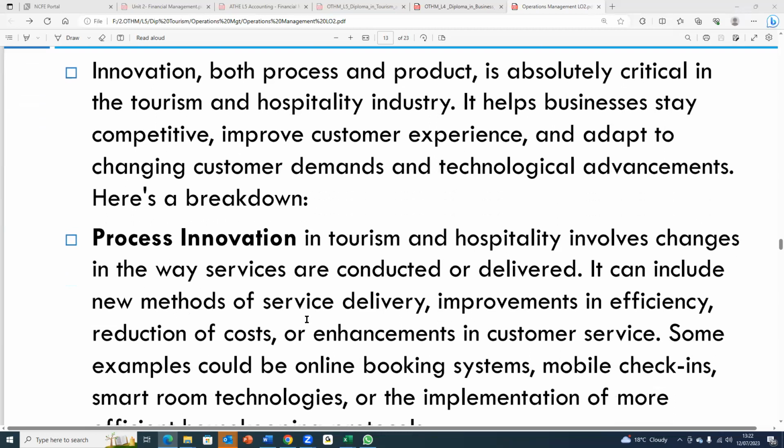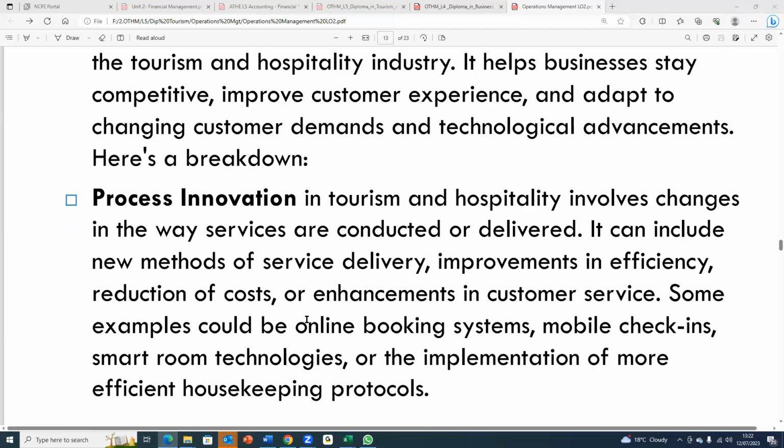This involves changes in the way the service is delivered or conducted. It's the process: new methods of delivering or improving the service, or reducing the cost, or enhancing the customer service.